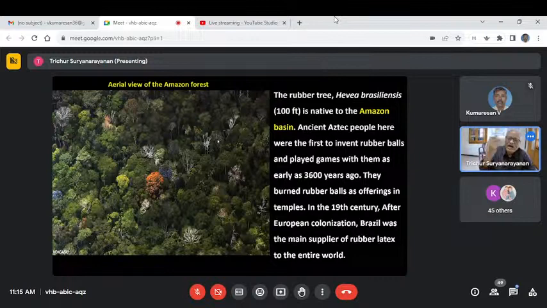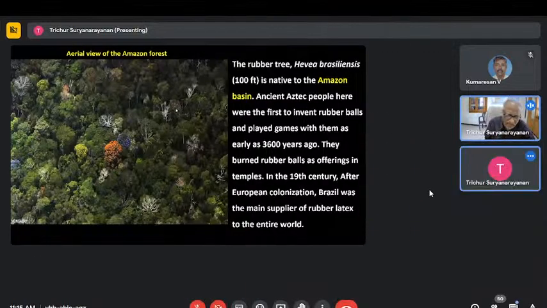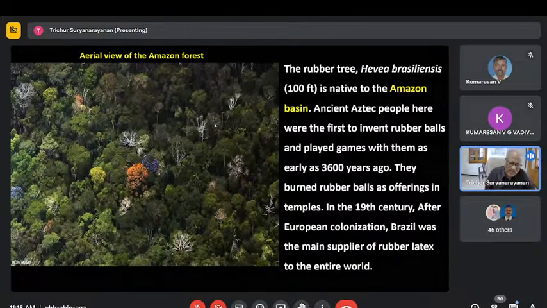And since this tree was growing only in the Amazon region, and most of the Amazon forests are present in Brazil, Brazil became the main supplier of rubber to the entire world in the early 19th century.